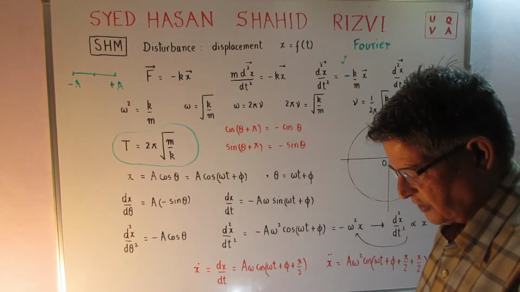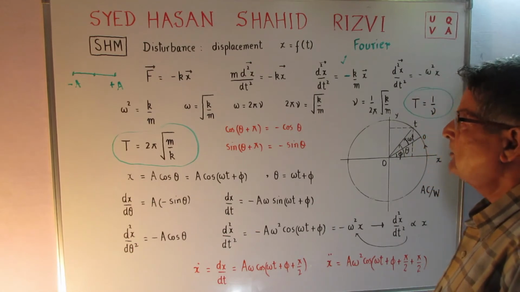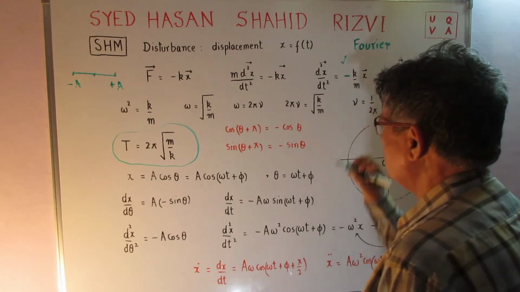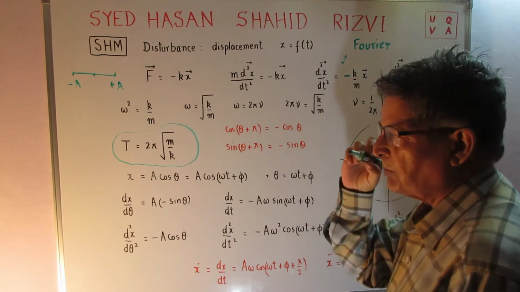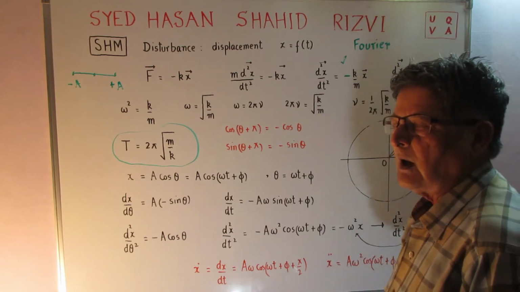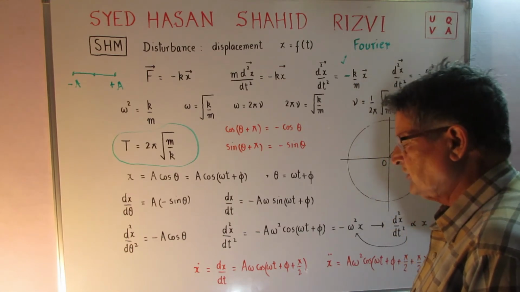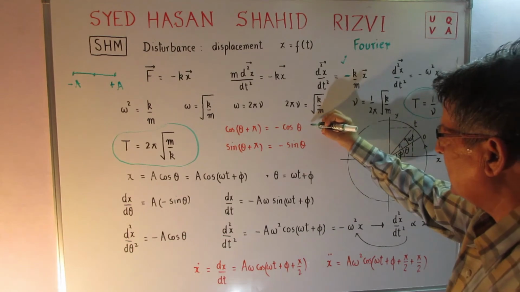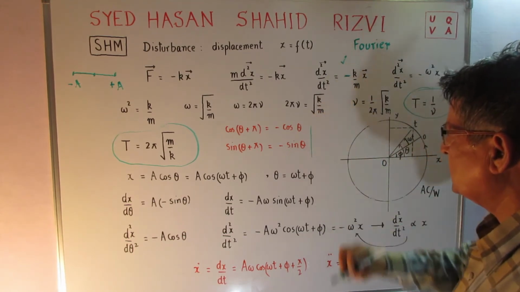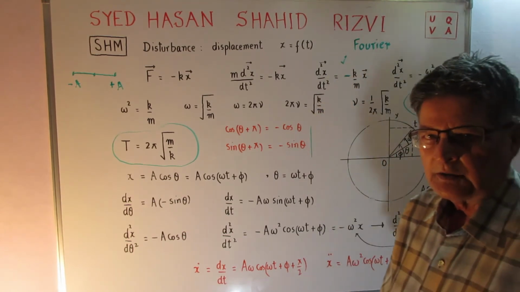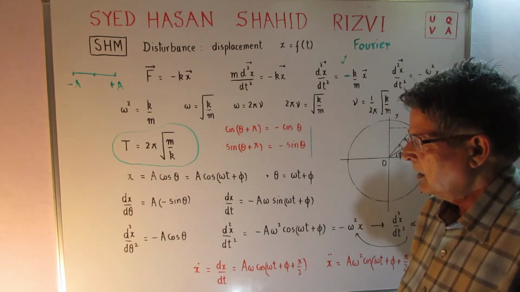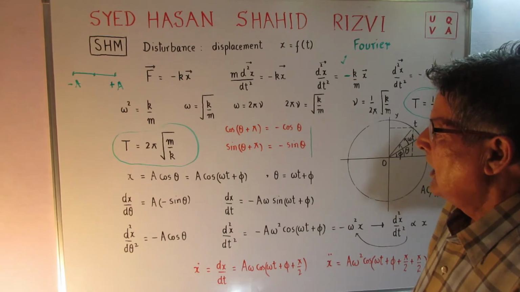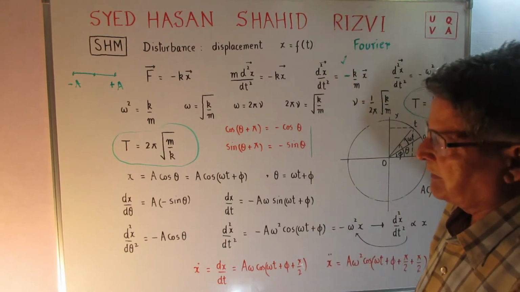Then we search in mathematics. When we search, we have a sine function, a cosine function, and e to the power of plus j theta and e to the power of minus j theta, which we leave till I tell you about the phasors in the case of electrical alternating circuits.